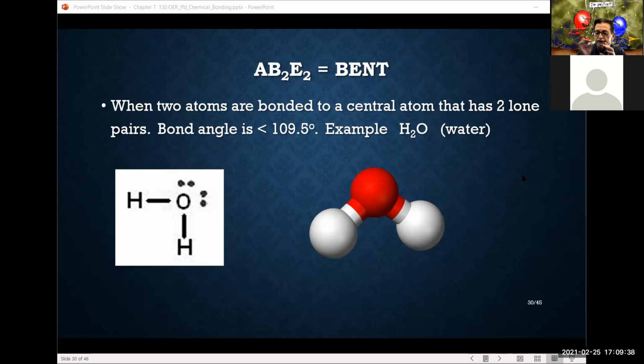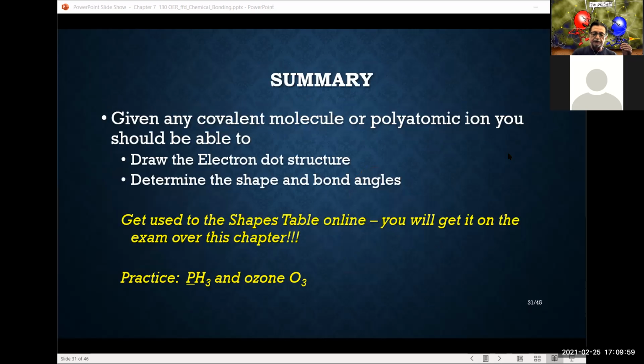There are some that are just a tad more, but water is the most polar solvent that we have. The bond angle between the two hydrogens is much, much less than 109.5, because those lone pairs occupy a heck of a lot more space as compared to if they were bonded. Much, much, much more space.